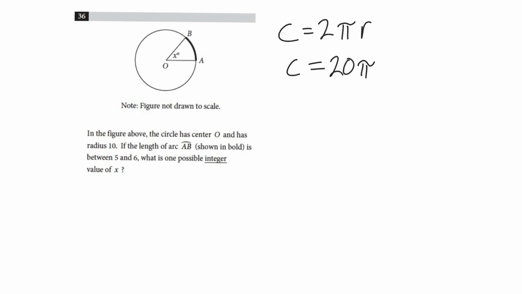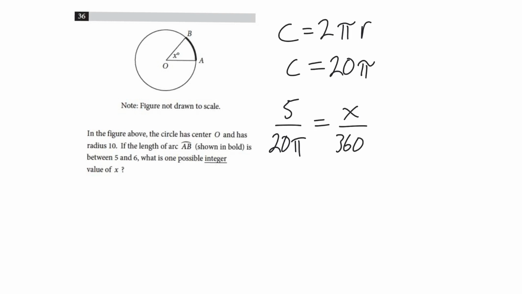Now we know that the central angle is going to be proportional to the arc length relative to the circumference and relative to 360. So if the arc is, let's say, 5, that's the minimum, out of 20 pi, and the central angle out of 360 degrees.